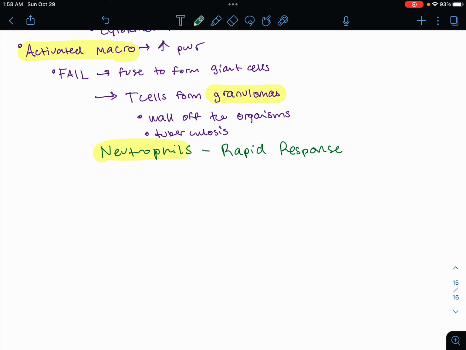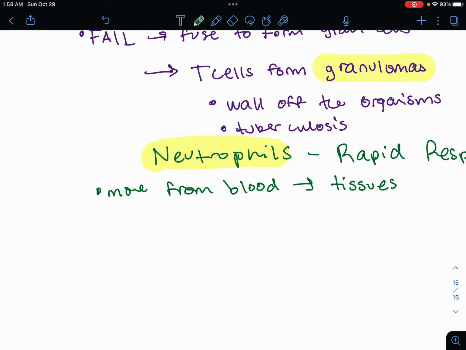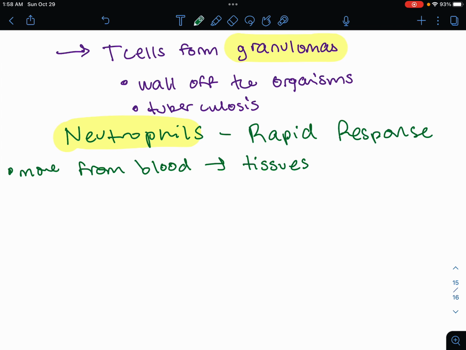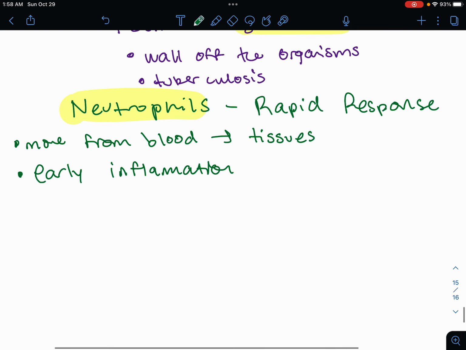They're kind of like a strike team. They're going to move from the bloodstream to tissues extremely rapidly. They're going to be in the early stages of inflammation. They're more powerful than the macrophages.